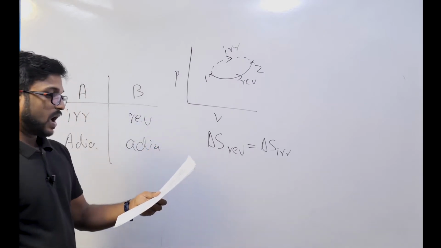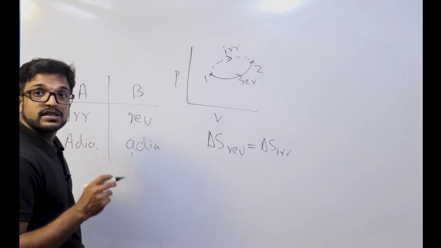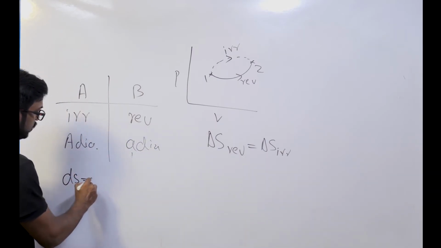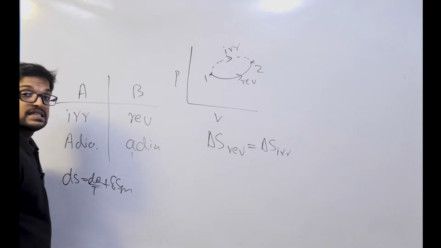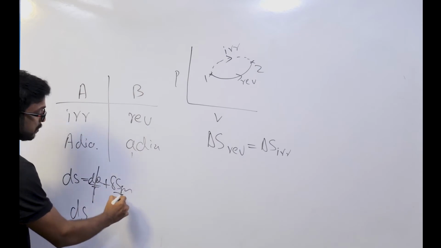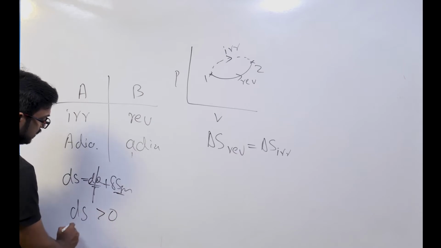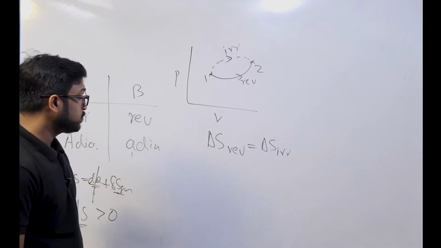So how will their entropy changes be? Since process A is irreversible, I'll go for dS is equal to dQ by T plus delta S generation. Since it is adiabatic, dQ is gone, but you know that for an irreversible process, delta S generation will be a positive value, so dS will be greater than 0. Fine. So entropy change is a positive thing.